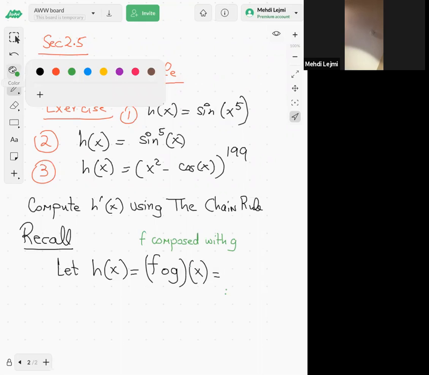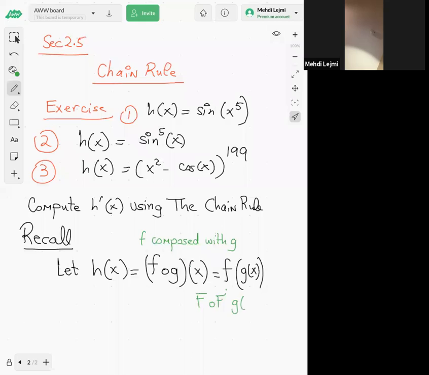By definition, it's equal to f of g of x. So when you say f composed with g, that's f of g of x. It's not f of x, it's f of g of x, right? That's what I call composition of two functions.